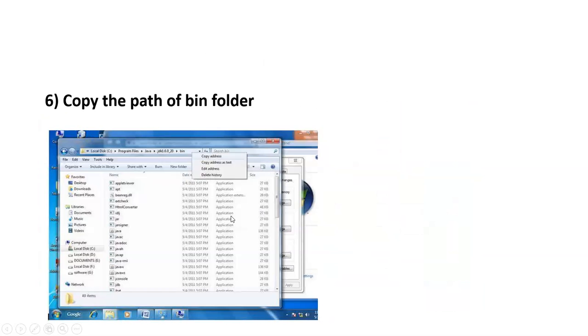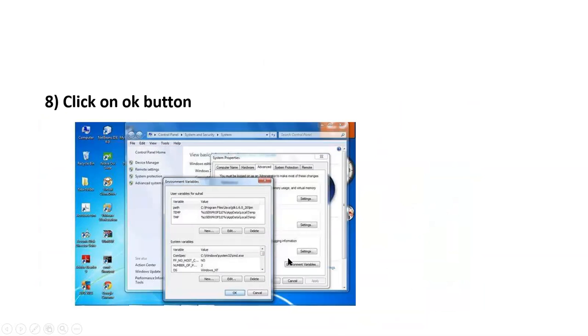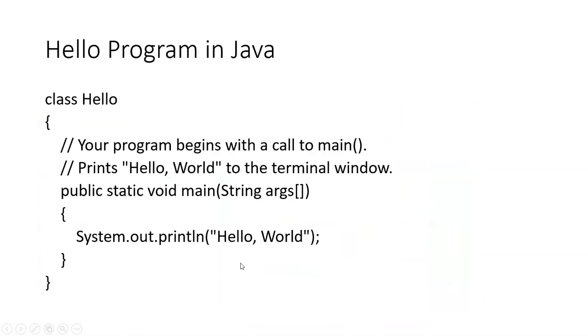So copy this path from the bin folder and paste it. This is the permanent way to store a path. Here we find the path in the environment variable. Finally, click on OK.